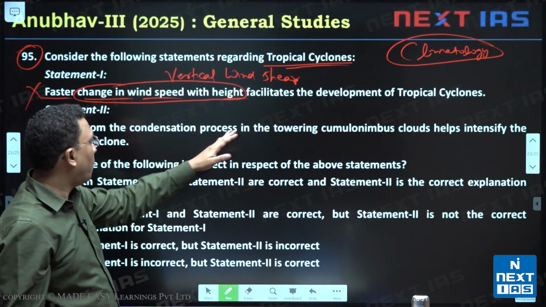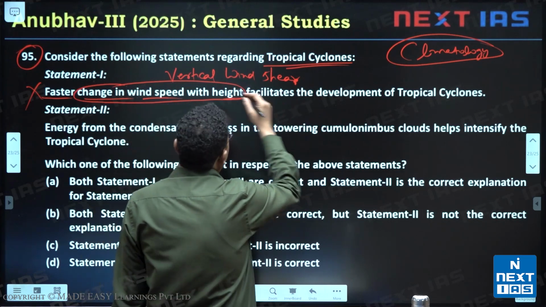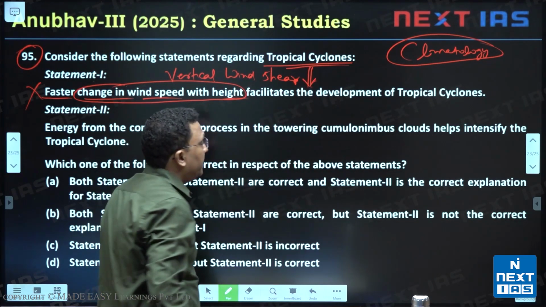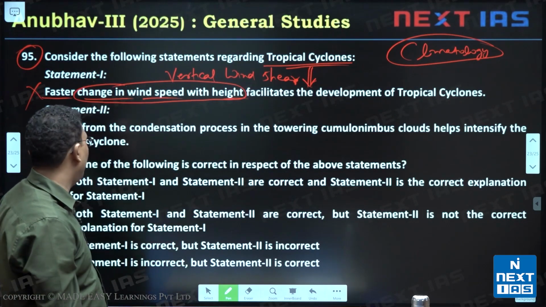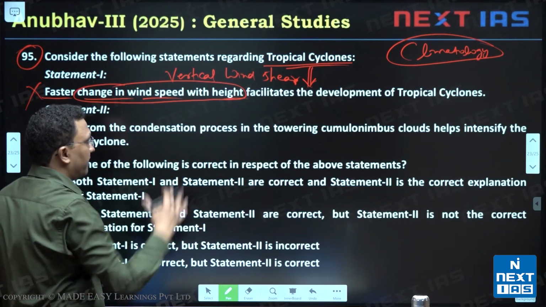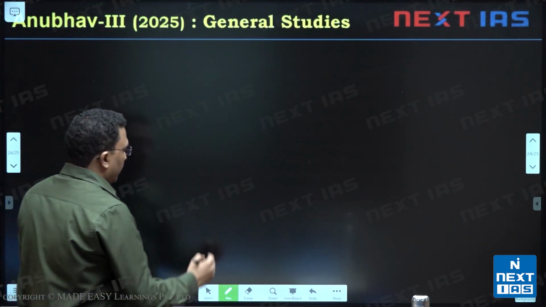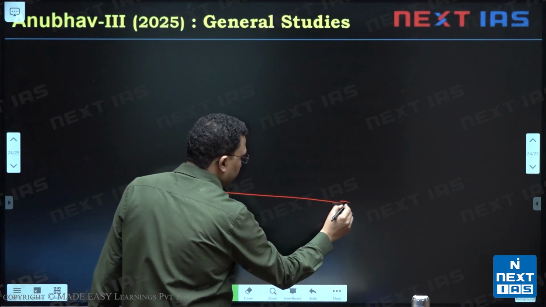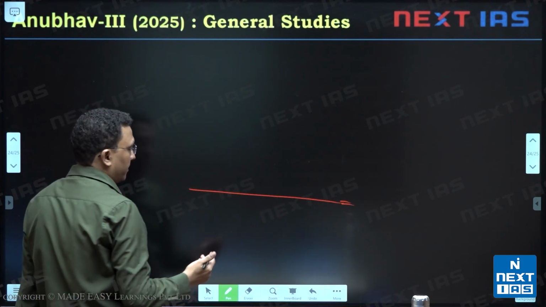And an important condition for development of tropical cyclone is that this vertical wind shear has to be low. If it is high, it will prevent development of tropical cyclone, right? So let's first understand this and then we will come back to our question, right? So let's say this is ocean surface, right, where tropical cyclone has started to develop, right?